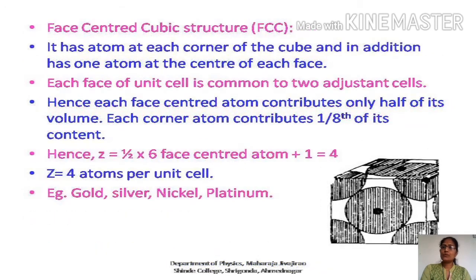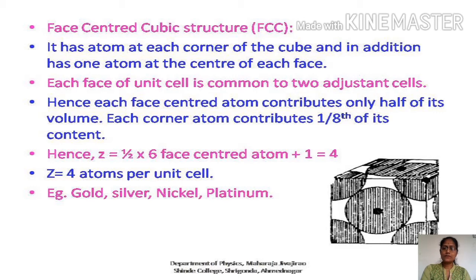Then in case of FCC, we have found that the Z value is 4 because the contribution due to the corner atom is 1 and contribution due to the face centered atom is 3. Like that, we have covered the point related to Z, that is number of atoms per unit cell for SC, BCC and FCC structures.